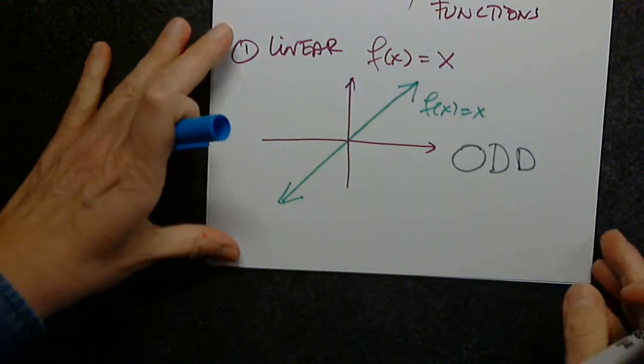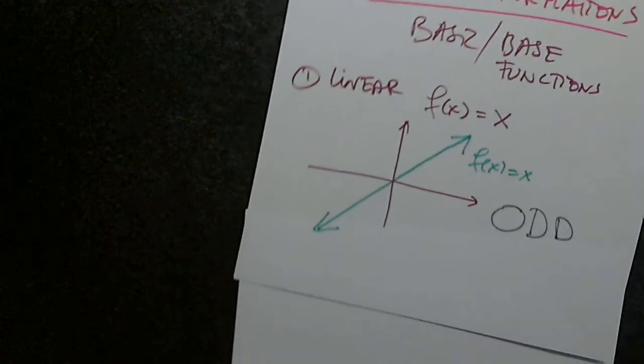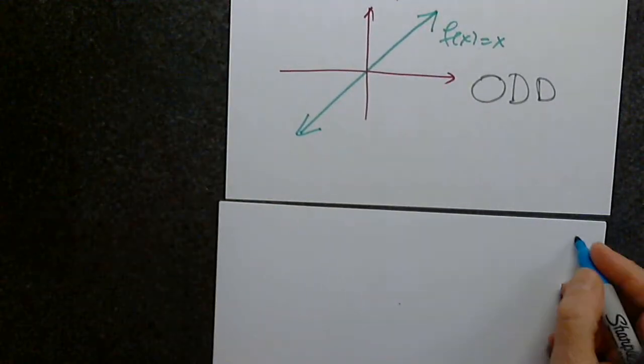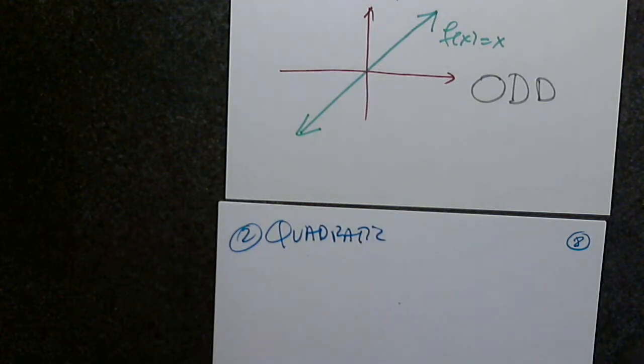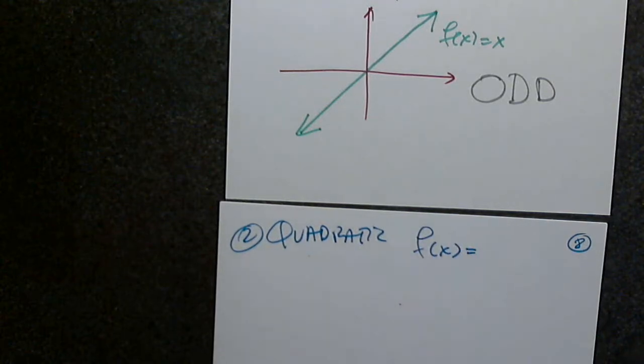Can anyone give us the simplest possible quadratic function? The simplest possible quadratic function. F of x equals a function that is quadratic.